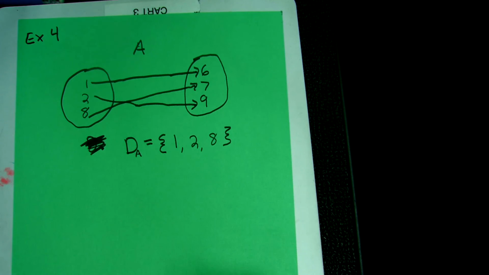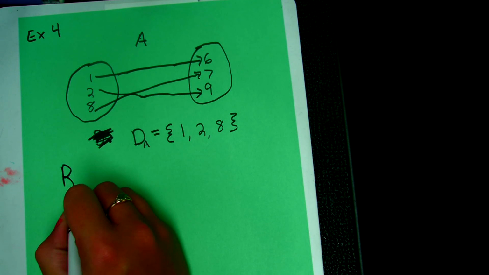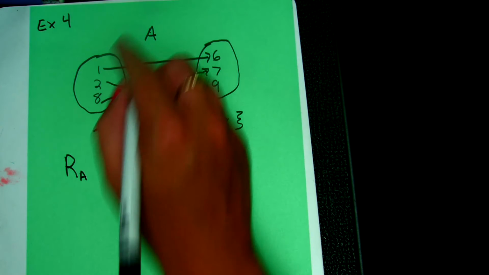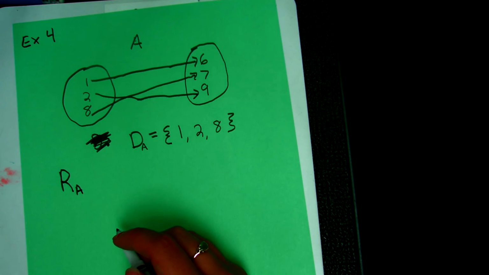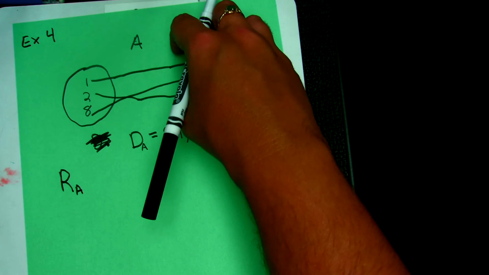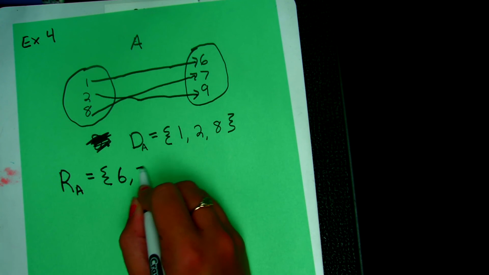So those are our x values, or our domain. For the range set of relation A, so R sub A, we are going to list our y coordinates, or our second coordinates, or our second circle. So range would be 6, 7, and 9.